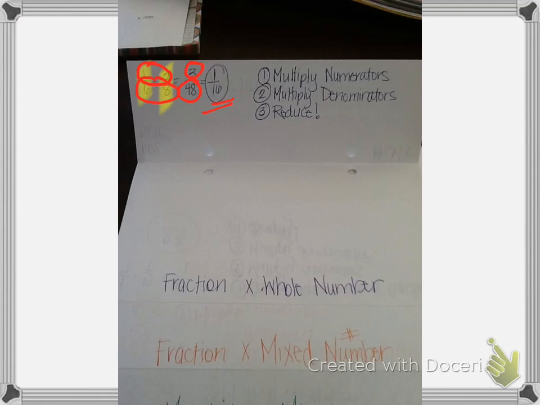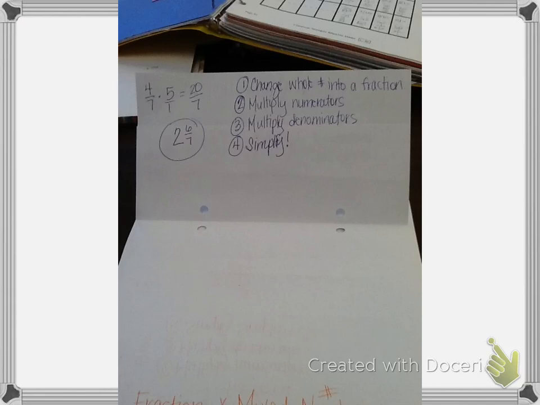Alright, if you open the second flap, which is multiplying a fraction by a whole number, the steps for multiplying a fraction by a whole number are we first need to change the whole number into a fraction.